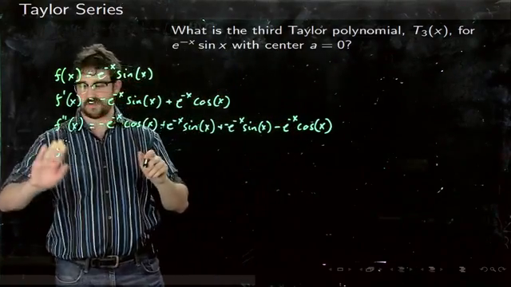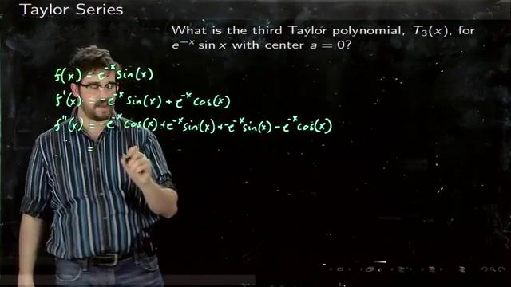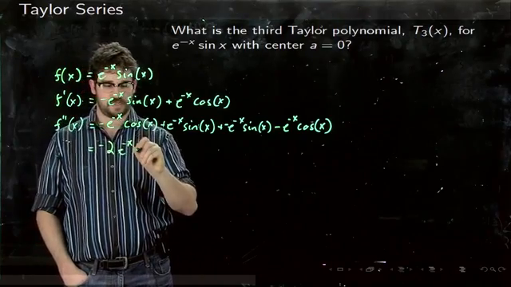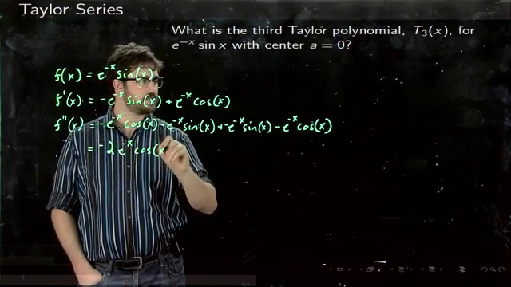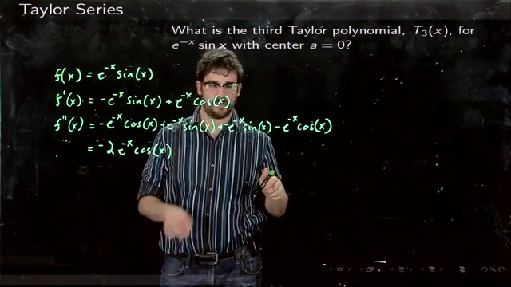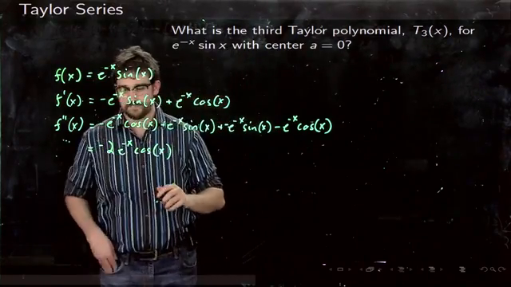So before we get to our f triple prime, let's simplify this into minus 2e to the minus x cosine of x. And here, luckily, these two cancel, so this will just disappear.